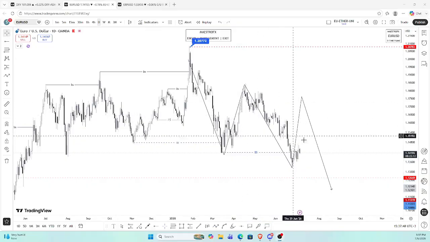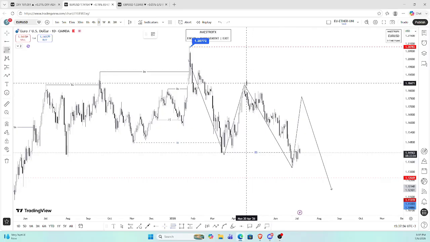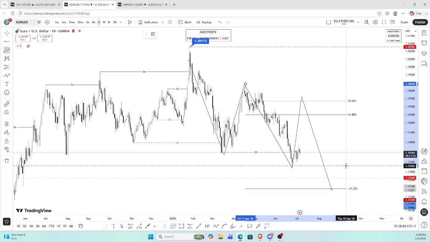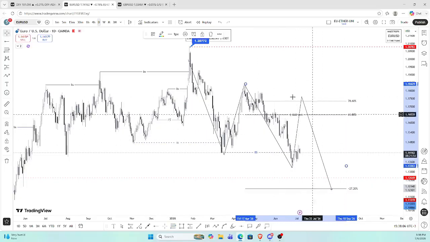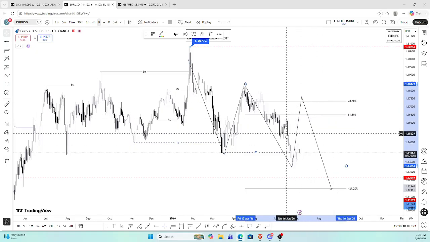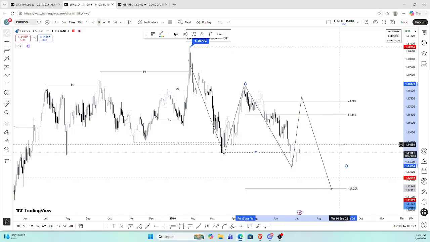Yes, and so we are currently in the correction phase, and a very powerful tool for us to anticipate where the correction will materialize into continuation is this Fibonacci retracement tool.